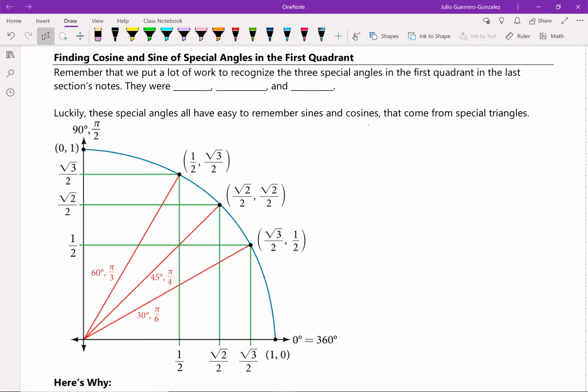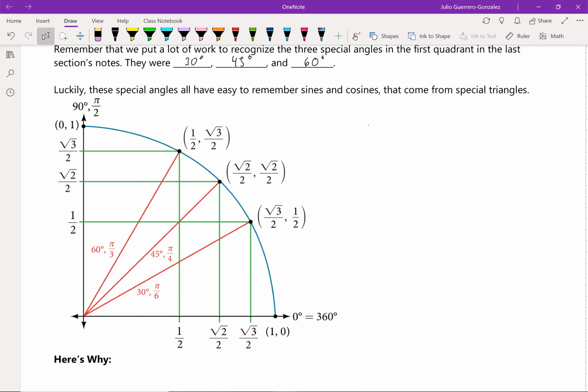There are some special angles that we're going to look at right now. The ones that we're actually going to be doing a whole bunch of work with are the 30 degrees, the 45 degrees, and the 60 degree ones, okay? So that's basically this first quadrant. This is quadrant 1.